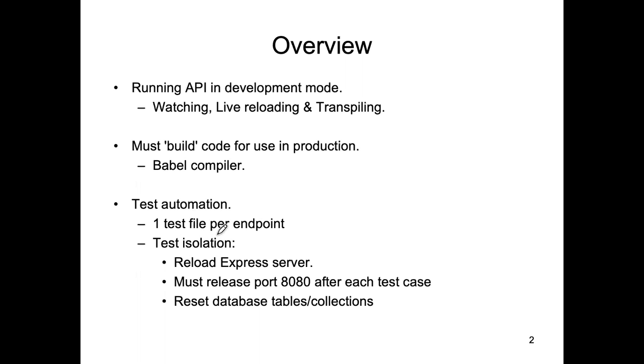Now, in terms of test isolation, there are a couple of things that we need to be aware of, and one or two of them turned up the last day when we were doing our web API testing. It's this idea that we need to reload our Express server between each test in order to guarantee test isolation.